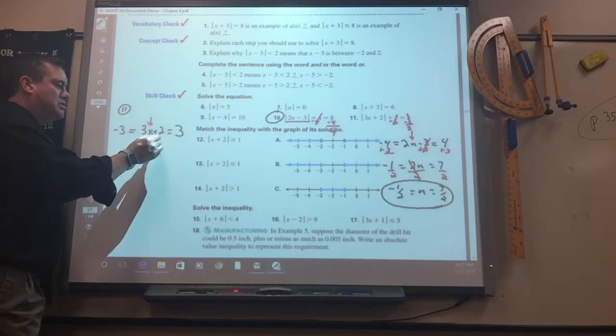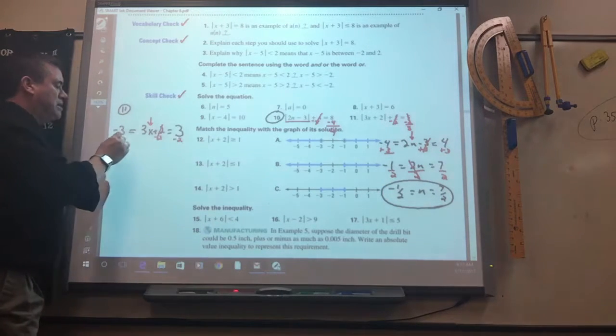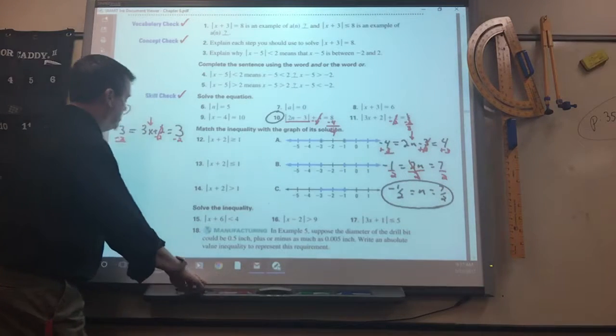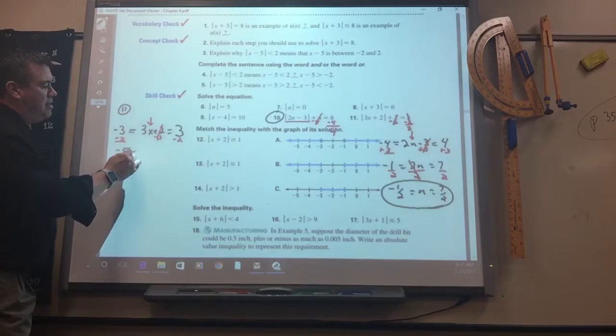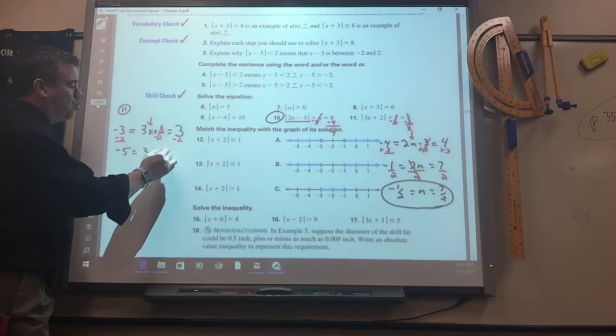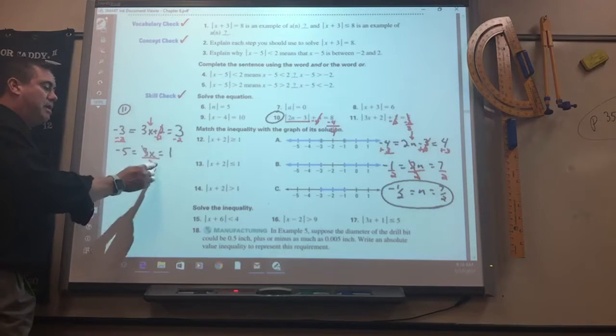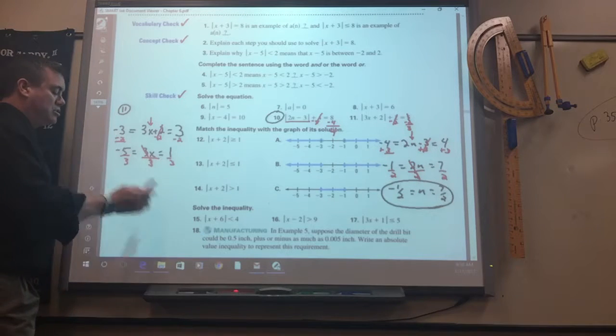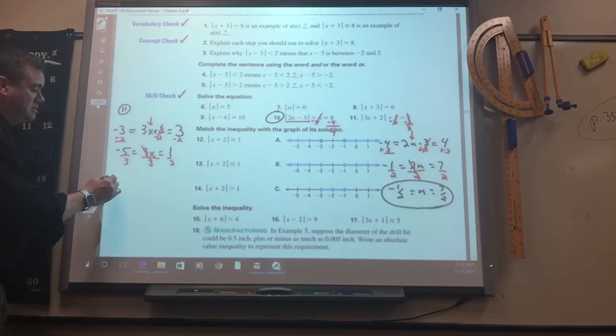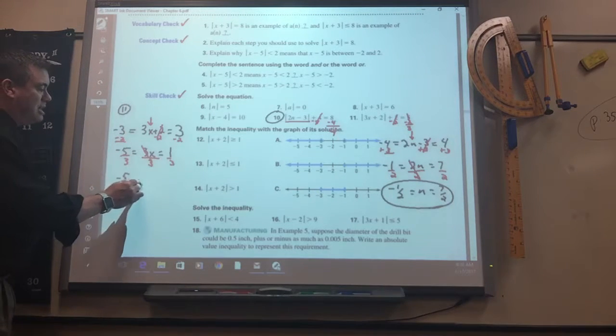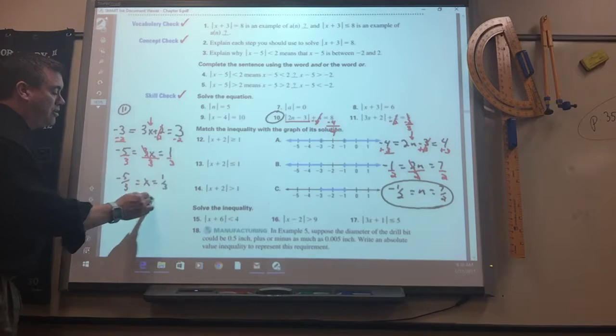So first get rid of the plus 2, you minus 2, minus 2, minus 2. That'd be negative 5 equals 3x equals 1. Then you got to divide by 3, and again you can just leave them as fractions. Negative 5/3 equals x equals 1/3.